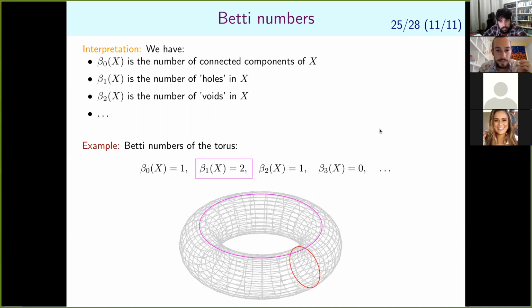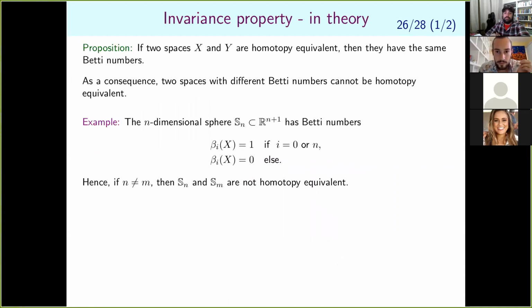All right. So just as before, fortunately, the Betti numbers are again an invariant of homotopy class. If two spaces X and Y are homotopy equivalent, then they have the same sequence of Betti numbers.